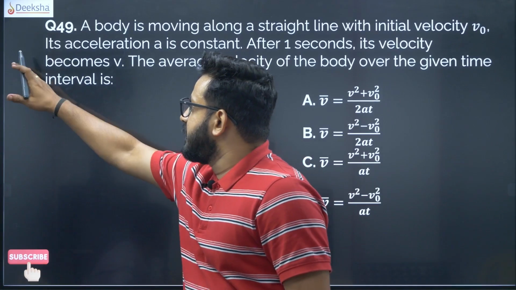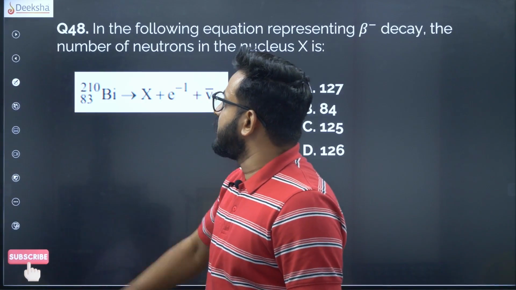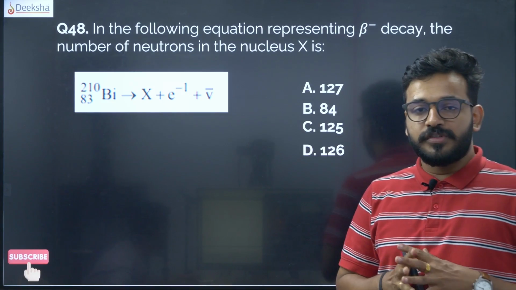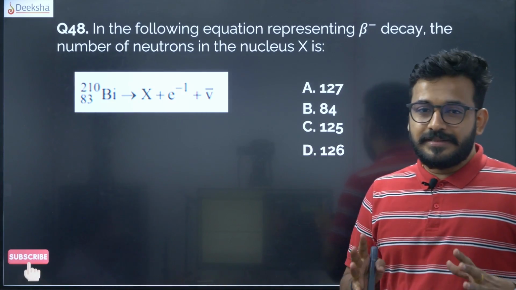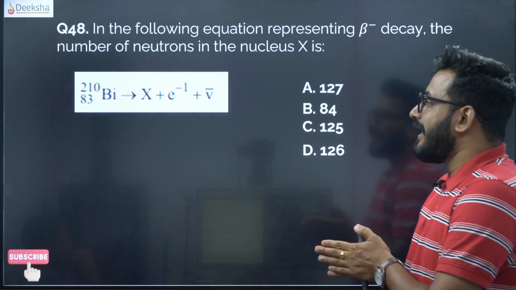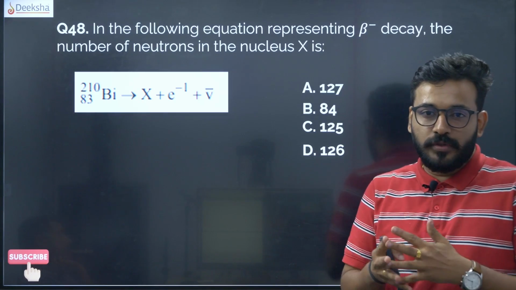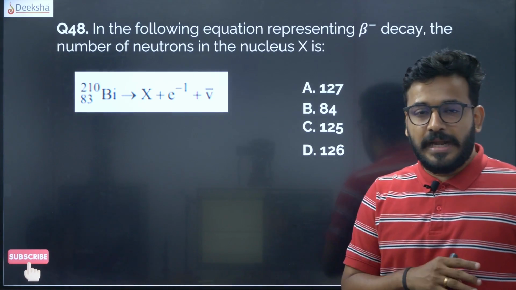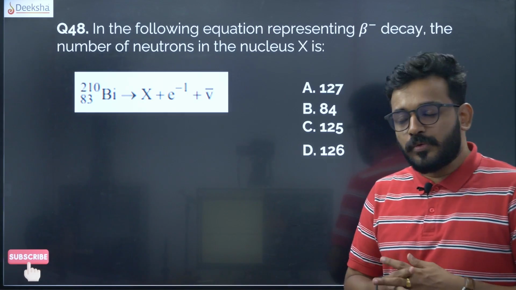So let us see the next question, that is question number 48. Let me remind you, this question has been taken off the PUC syllabus, so it's highly likely that this question will repeat. It's about beta decay. There are two types of beta decay: in one, an electron is emitted along with the antineutrino, and in the other, a positron is emitted with the neutrino.